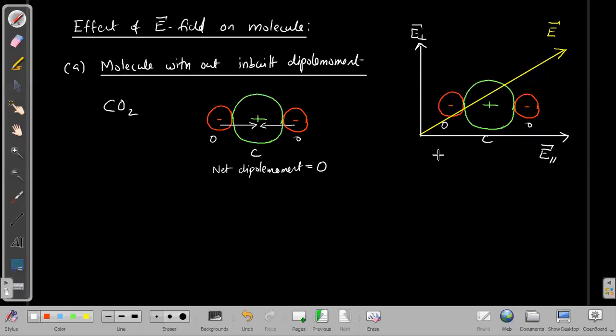The effect of the parallel and perpendicular fields may not be the same. The parallel electric field will produce some dipole moment p parallel, which I can write as alpha parallel times E parallel. The electric field perpendicular to the bond will produce another dipole moment, p perpendicular, equal to alpha perpendicular times E perpendicular. In general, alpha parallel is not equal to alpha perpendicular.